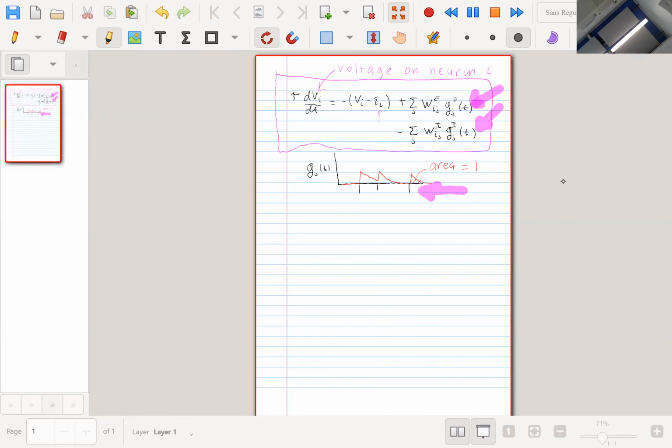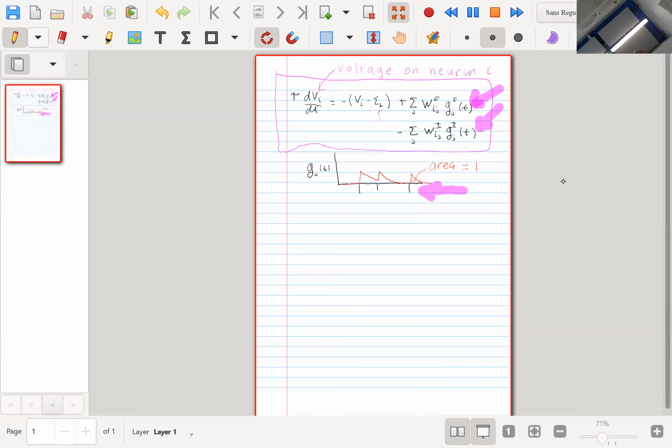That's the red lines. For a particular spike, the area is just 1. That's very convenient, as we saw, because then the average value of g_j is replaced by the firing rate. So what happens to the voltage when it's getting this fluctuating input?